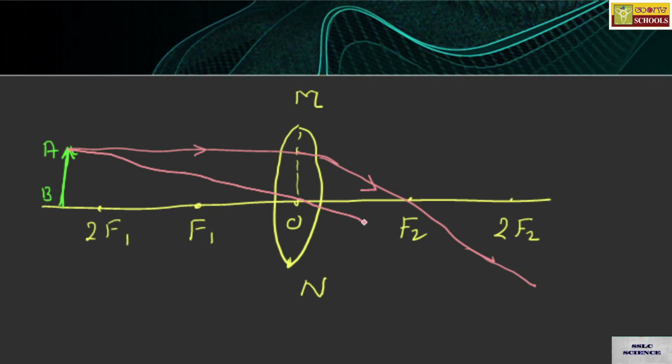Remember, I have no scales here, anyway, I'm trying to draw. So this is the position between F2 and 2F2. Try to draw these things. As you practice, only then will you get things right. I hope you got these points right.